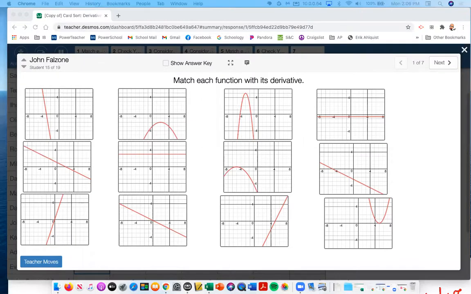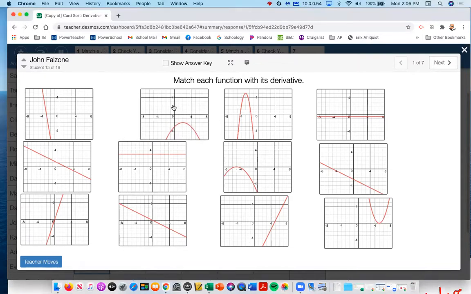If I take a graph like this one that I just moved, this graph goes from increasing to decreasing right here at 2.